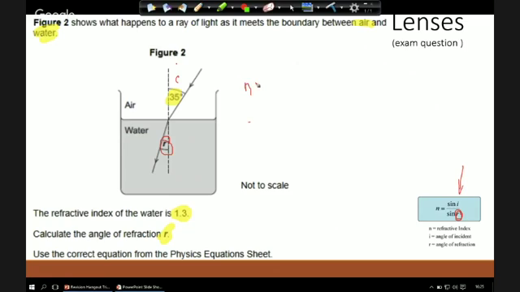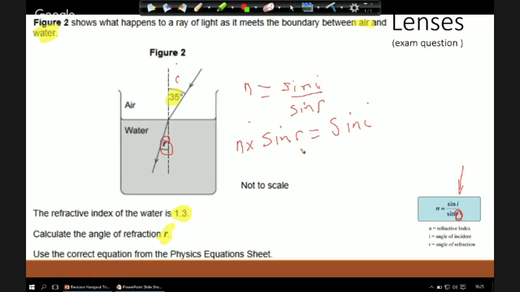So n equals sine i over sine r, and then n times sine r equals sine i. An intermediate step.